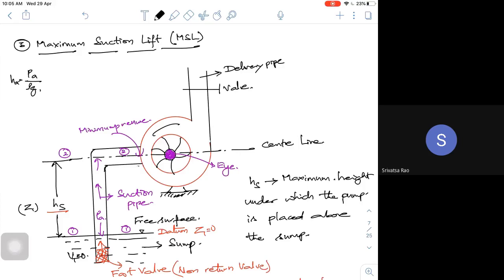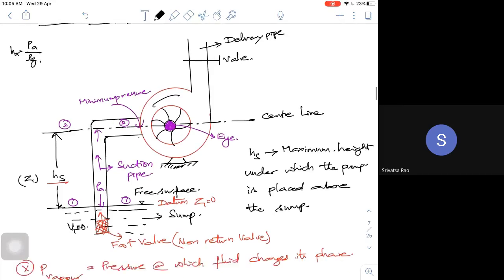Now, when I try to suck the air from the pump or your reservoir, maybe sump or reservoir we call it, there is some kind of negative pressure created near the eye. So the water is sucked from your reservoir or sump towards the eye, and I can develop the pressure and deliver it to the Z point.